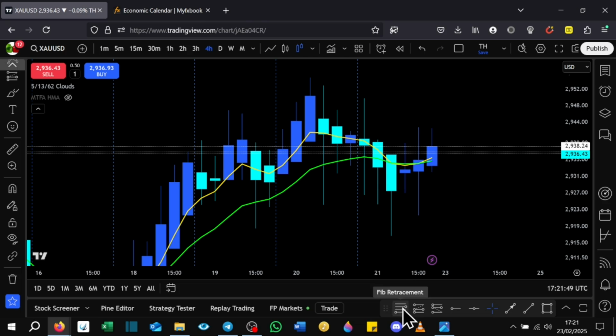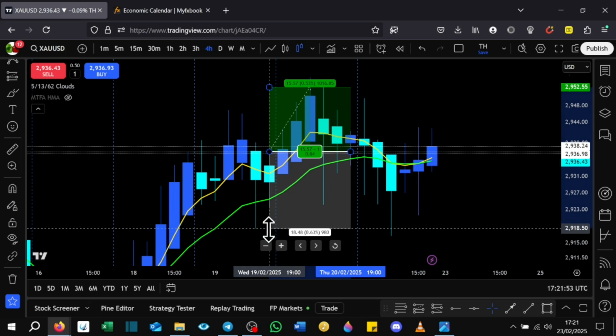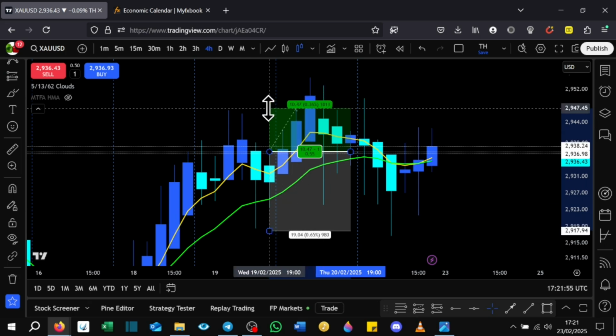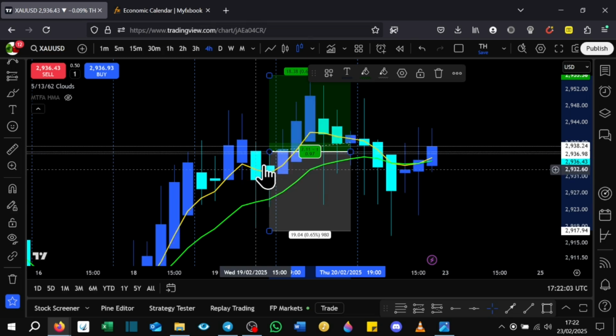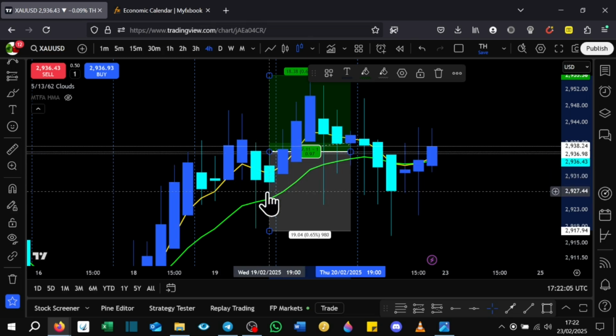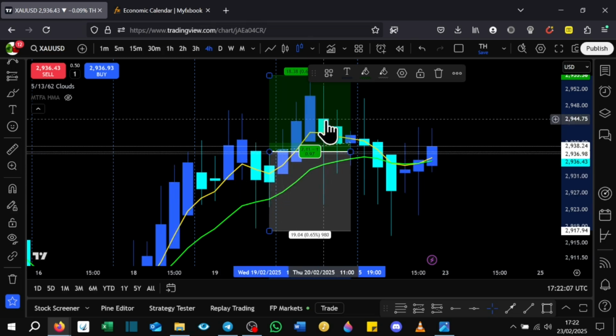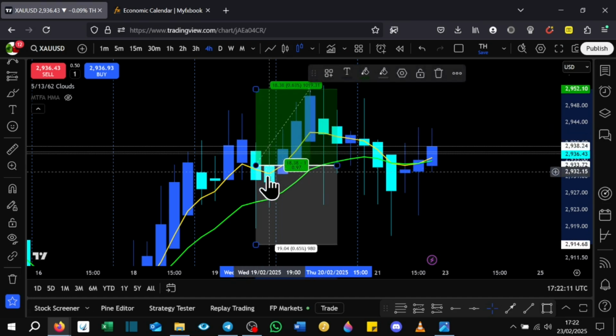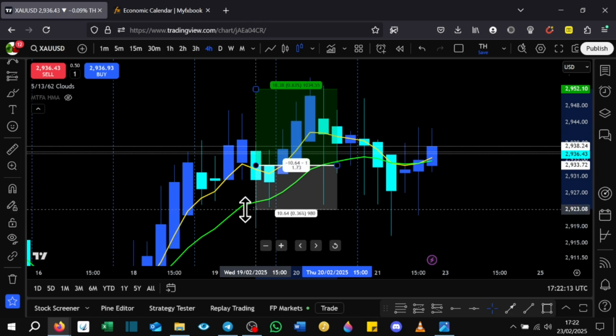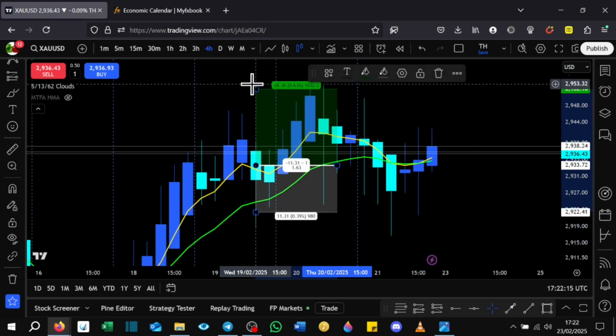You could get in on this entry here, stop loss below there, and at least take out that high there. That's not even a 1 to 1. From there, yeah, it's very nearly a 1 to 1. But you get in on the second candle that has wicked into the 13 EMA. So you want to set a buy stop on this candle here, and then stop loss just below that low.